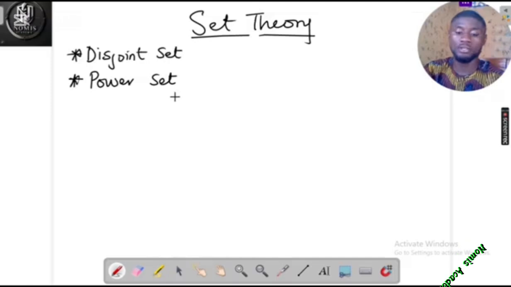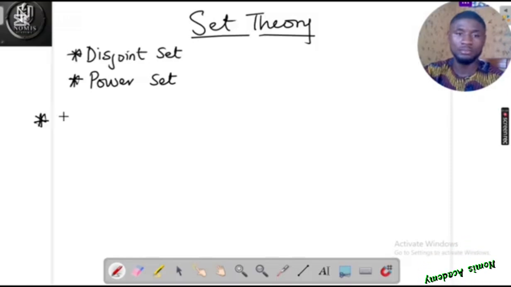Let's take disjoint set. What do we mean by disjoint set? You see, set A and set B are said to be disjoint when they do not have common elements. I mean, when they do not have common members.